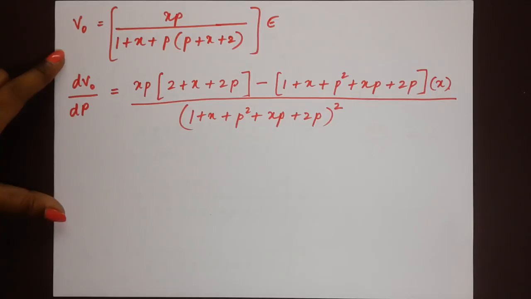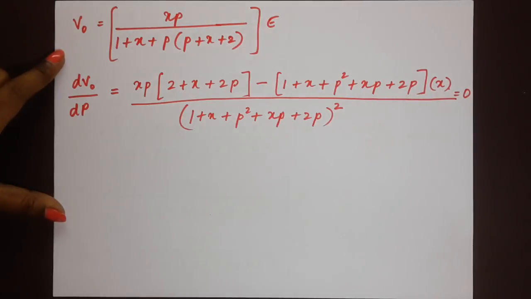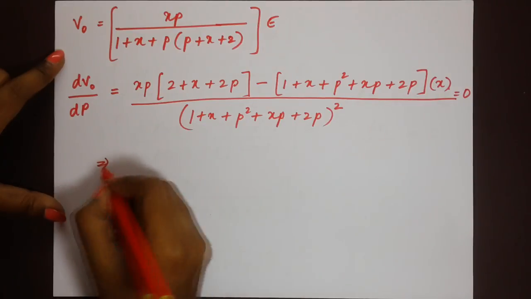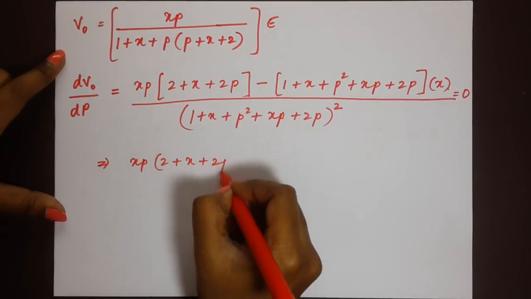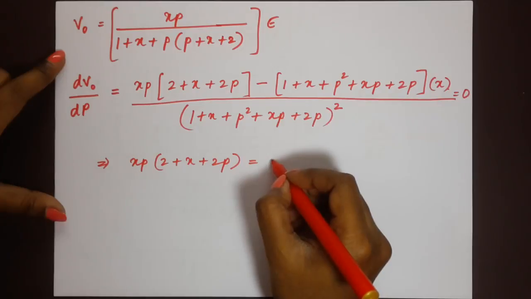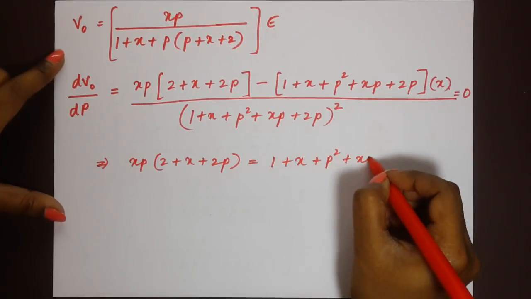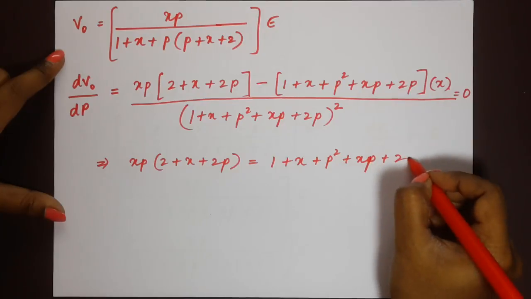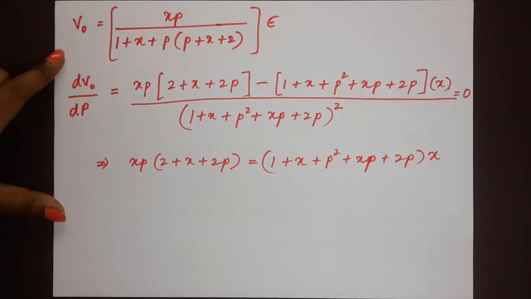Now since we have to equate this to 0, the denominator becomes irrelevant. Then all we have to do is equate the numerator. So the numerator now becomes XP into 2 plus X plus 2P is equal to 1 plus X plus P square plus XP plus 2P into X, taking that term to the other side.